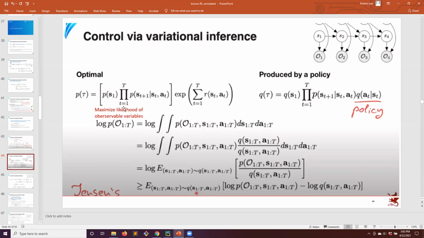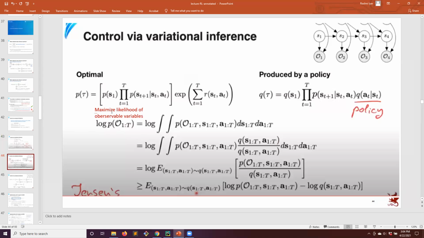Okay, so let's go back to what we just discussed with the two kinds of policies. This is the optimal one, and this is the one that we just defined. In this part, we take actions according to the state, but this is given by the current policy, and we are fixing the transition dynamics to follow that of this.